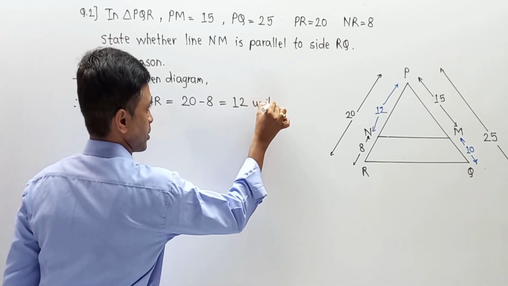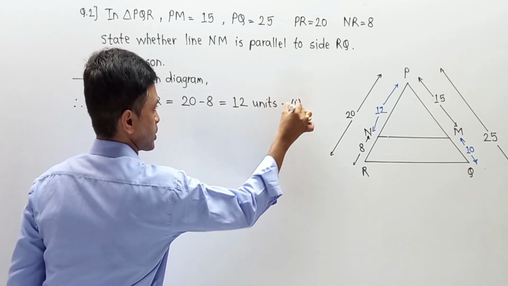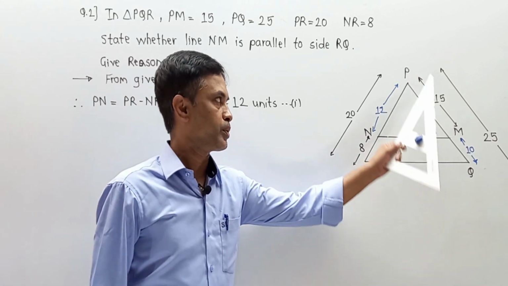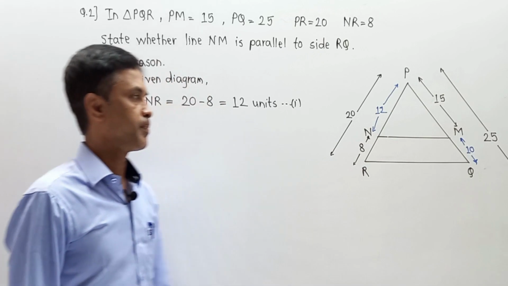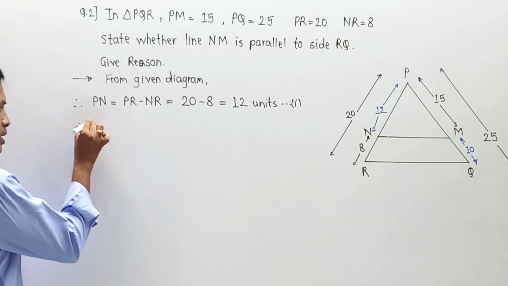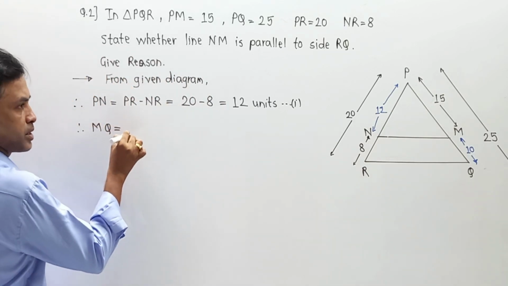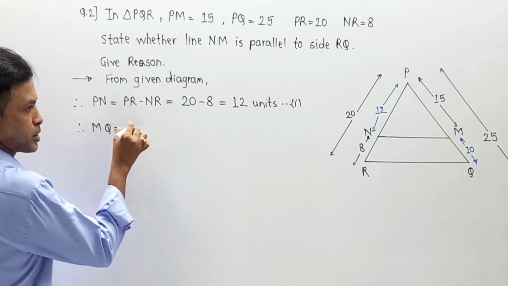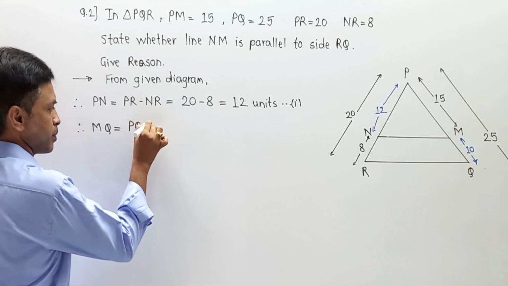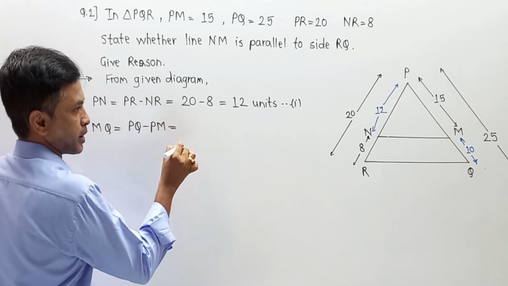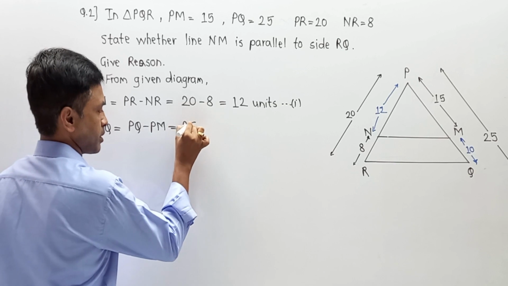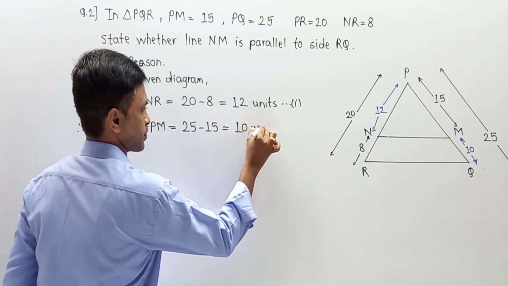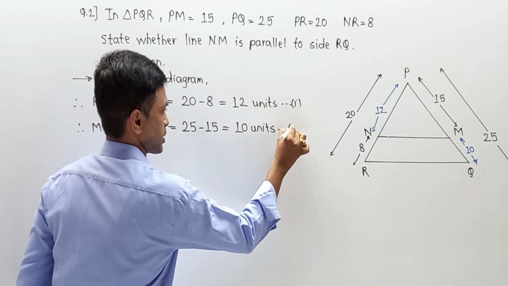We don't know the unit, so I am writing units, giving it as equation number 1. In the second category, we have to calculate MQ, that is nothing but PQ minus PM. Therefore, MQ is equal to PQ minus PM, that becomes 25 minus 15 and simply becomes 10 units, as equation number 2.